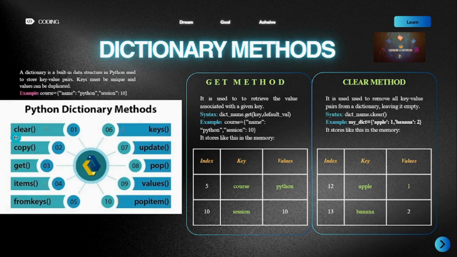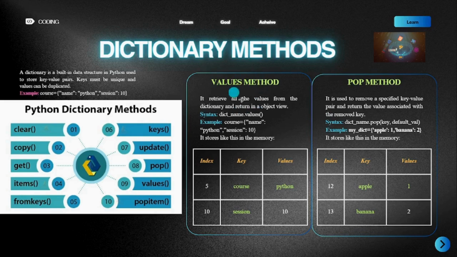So let's get started. First, when we are discussing values, as I have said we have key and value pairs. In this case I want to access only the values, here Python and 10. I want to access only those two values from the dictionary.